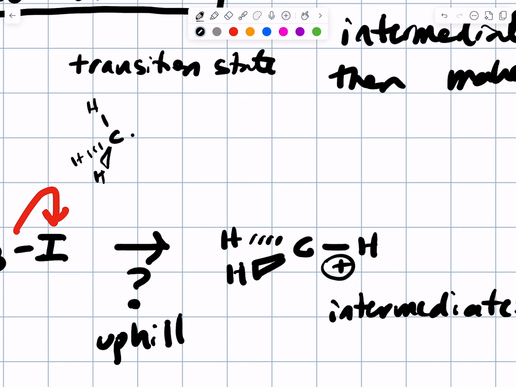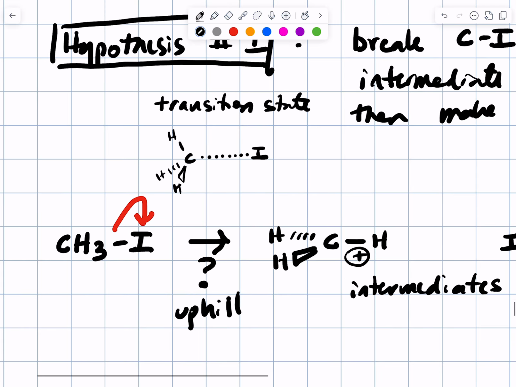And so the transition state is going to look like something halfway between the starting materials and the intermediate, where we're not quite at a full carbocation on the carbon. We're not quite at a full positive charge. And we're not quite at a full negative charge on the iodide. The bond is not completely broken, but we're pretty close to the way there. Okay?